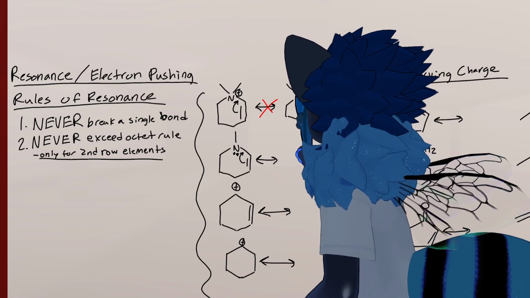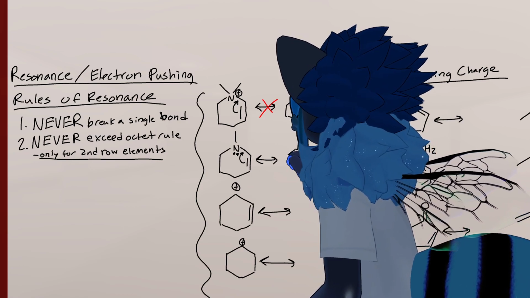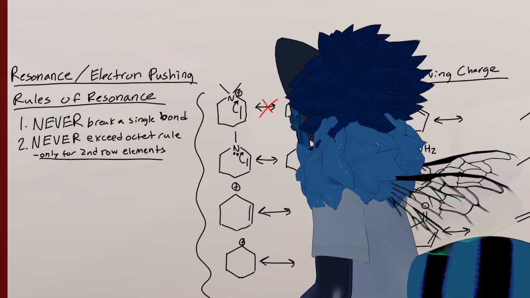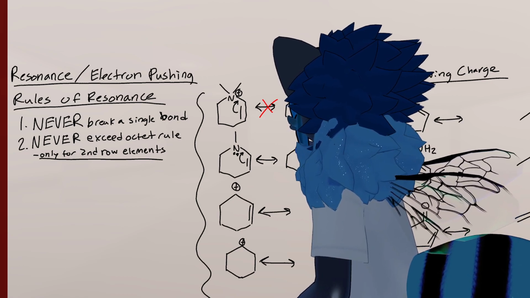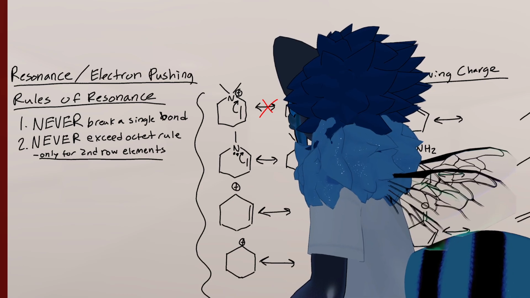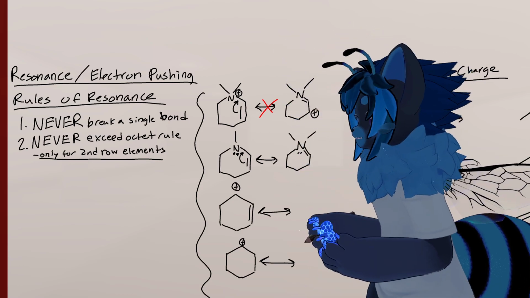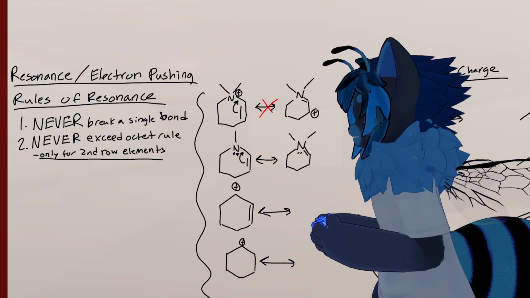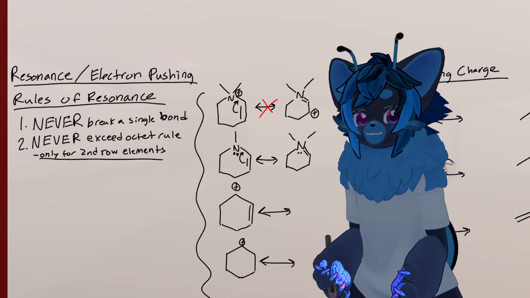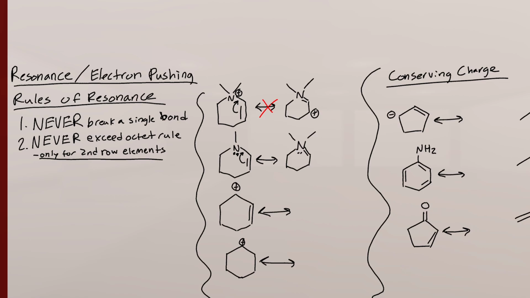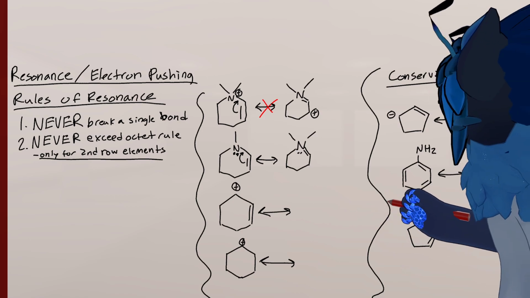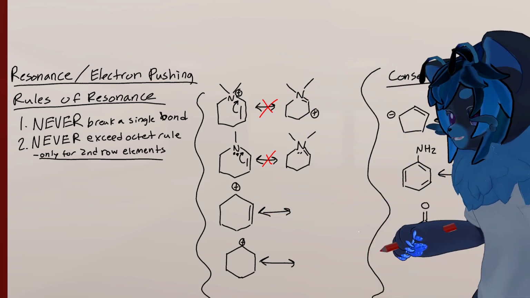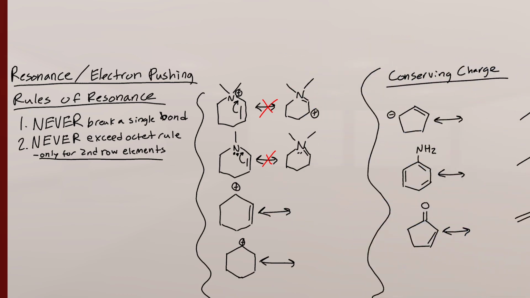If you were to draw that structure, you again would have nitrogen with 4 bonds and a lone pair, which means it's exceeding the octet rule. It can't be done. So that's also nonsense. Be careful of that.